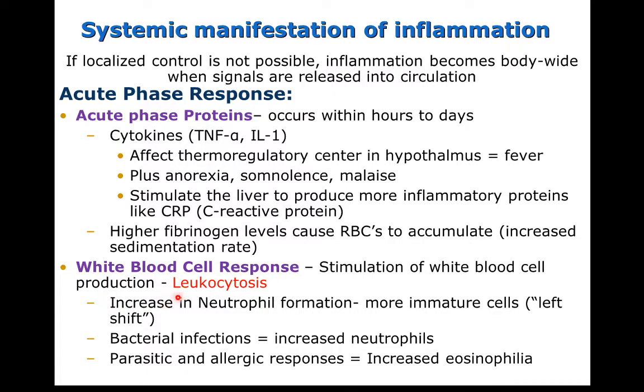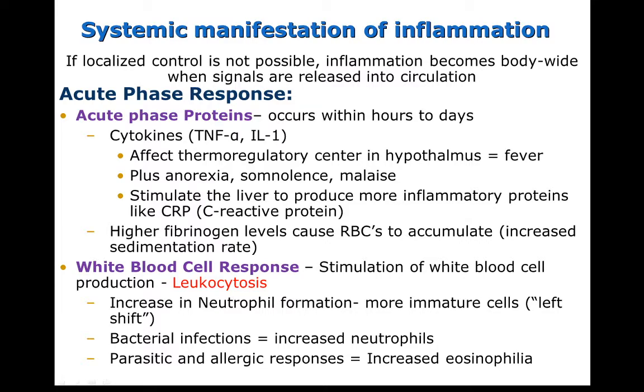We expect to see more neutrophils produced, and in that situation, we will have more immature cells than we would normally have because we have more production. And so if we have more cells on the left side of the line and more immature cells being formed, then we call this a left shift.